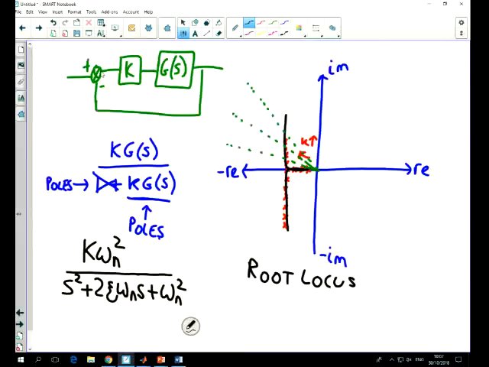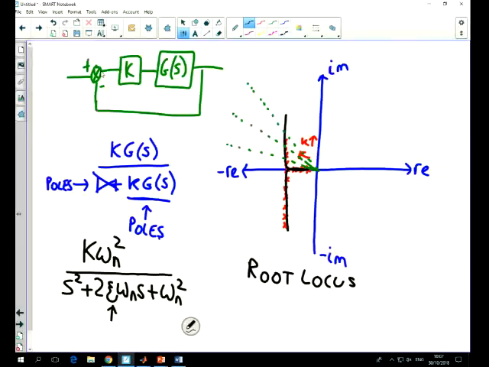What's omega n? That's the frequency, the natural frequency, so essentially the undamped frequency. Zeta is your damping factor or damping ratio.